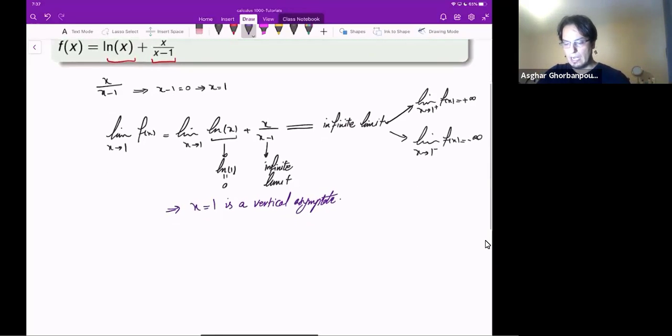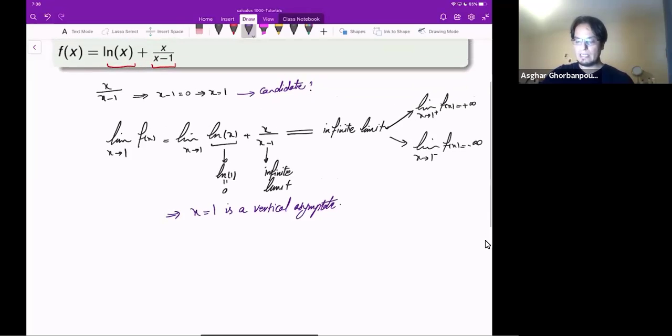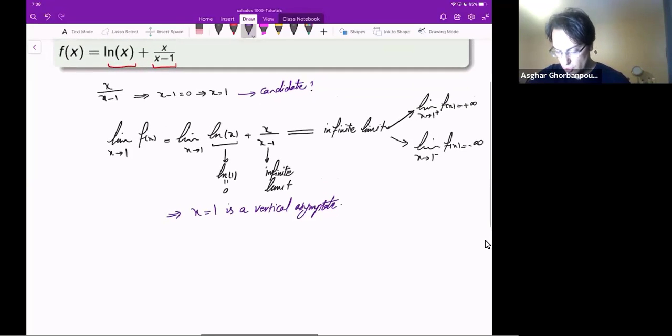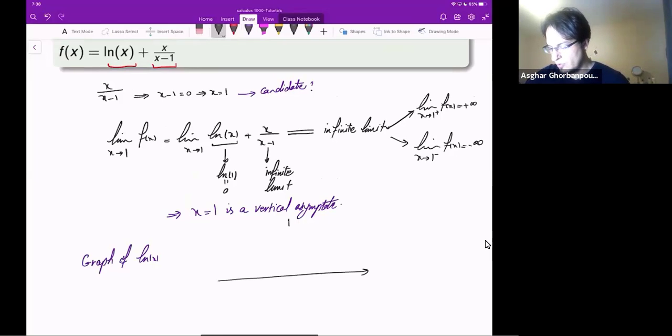How about the other side? Well, this was just one candidate. Do we have any other candidate here? Look at the graph of the function ln x, which is, by the way, the inverse of e to the power x, and has a graph like that.